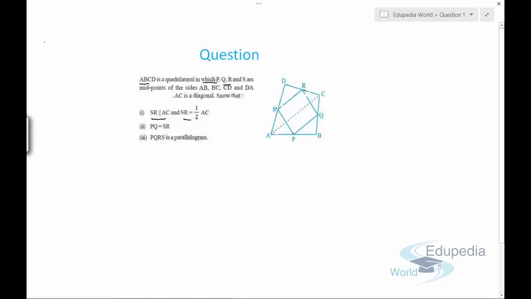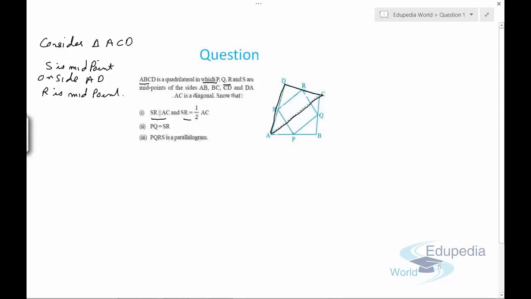Now, if you consider triangle ACD, in this triangle we can see that S is the midpoint on side AD and R is the midpoint on side CD.